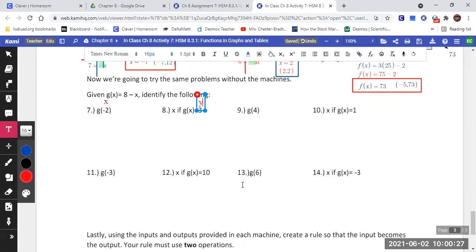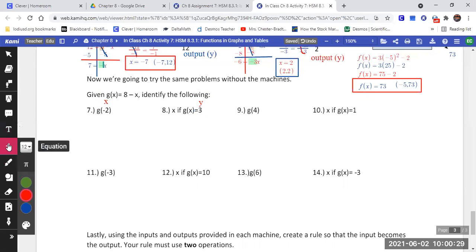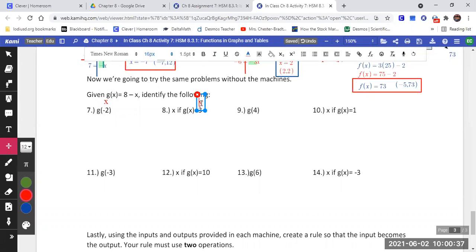Numbers outside are Y's. So they gave us my function up here. In number 7, they gave me an X because I see it's in the parentheses, replacing the location where X would have been. So that's one way to remember. It's in the parentheses where the X would have been, so it's an X.